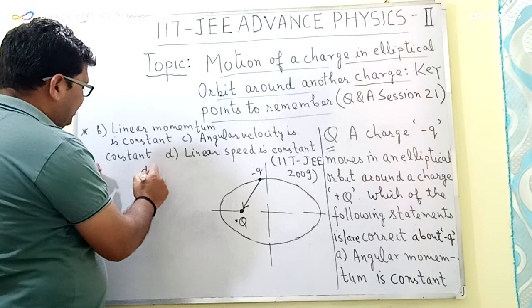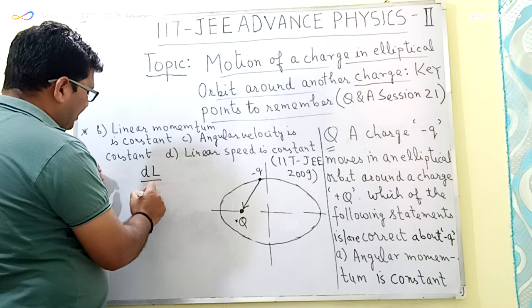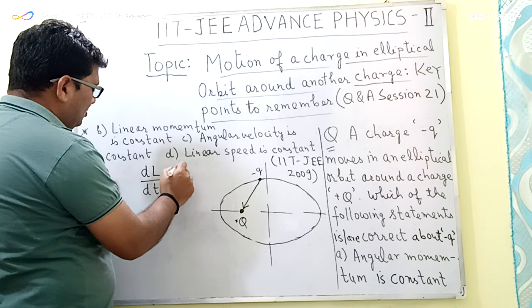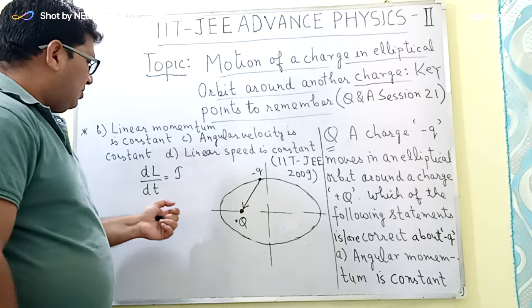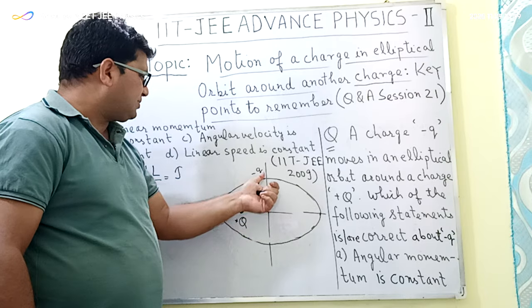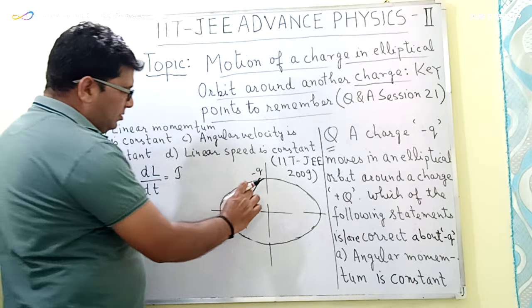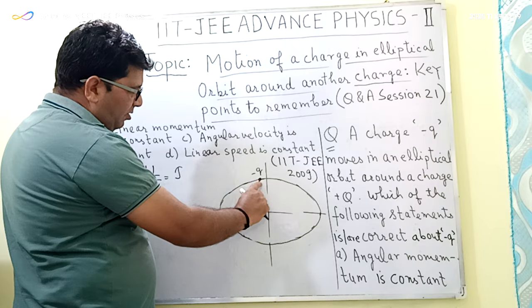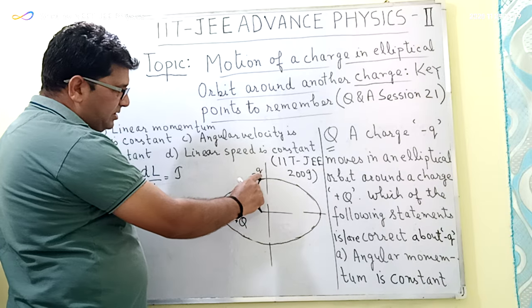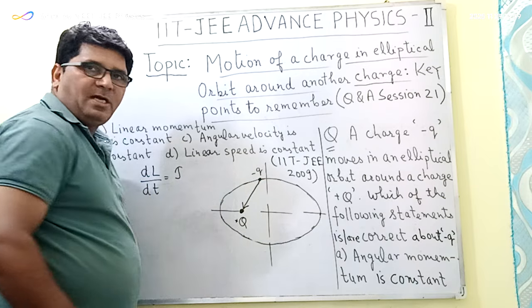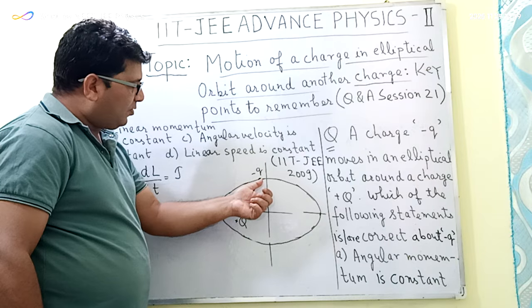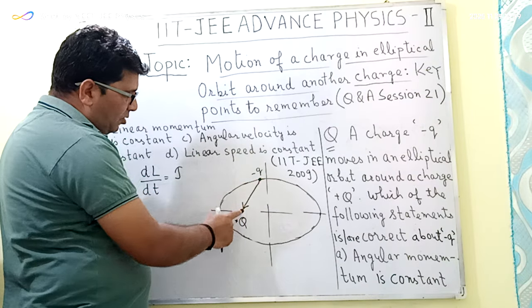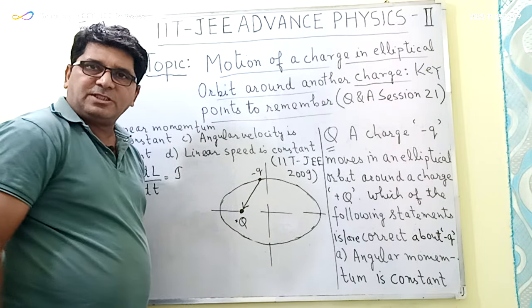Now, as we all know, the rate of change of angular momentum is equal to the applied torque. Here the torque on this negative charge will be equal to the product of the distance between these two charges and the force which is acting normal to this distance.